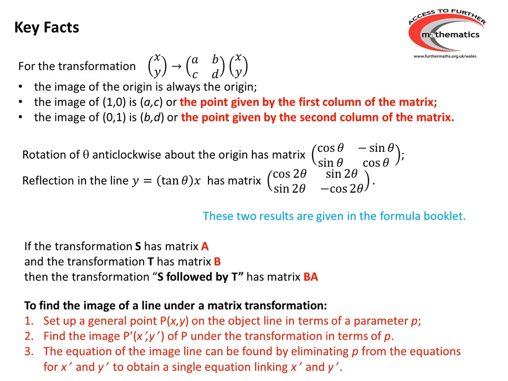And then finally we can find the equation of the image line by eliminating the parameter from the equations for x dash and y dash to obtain a single equation linking x dash and y dash. And we'll see this process in practice in the first example that we look at.